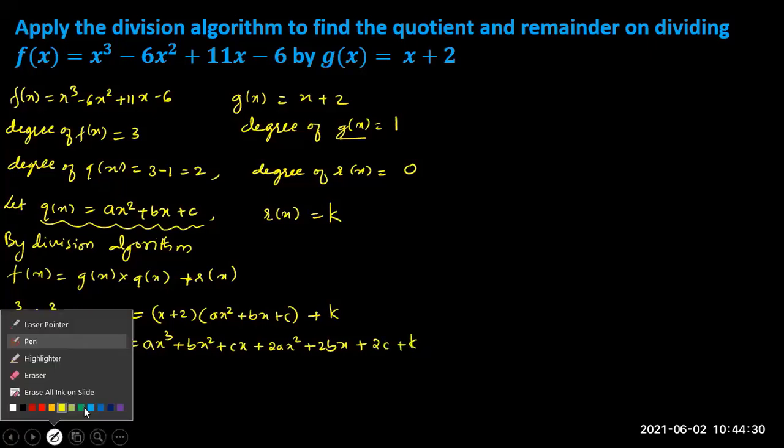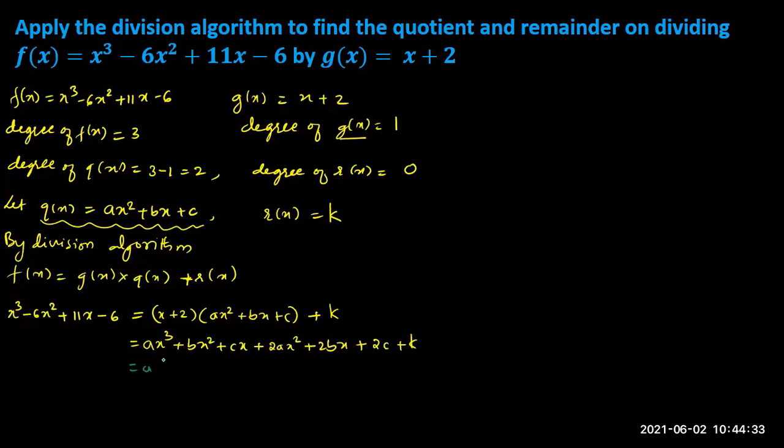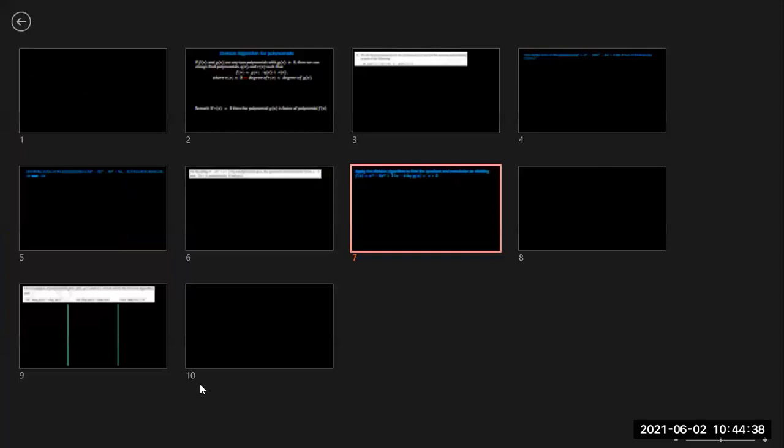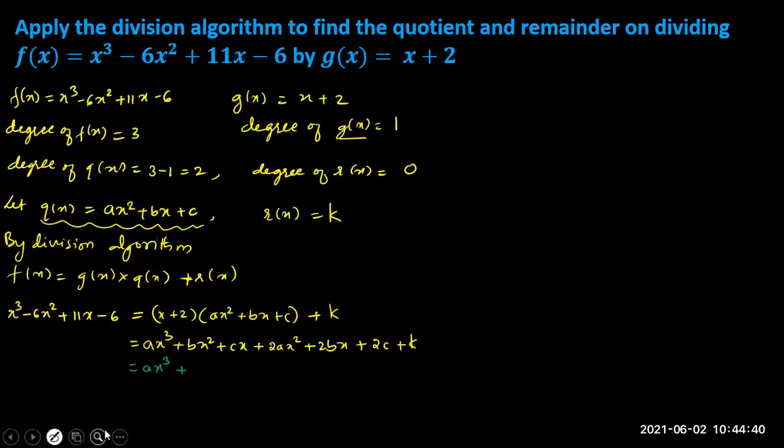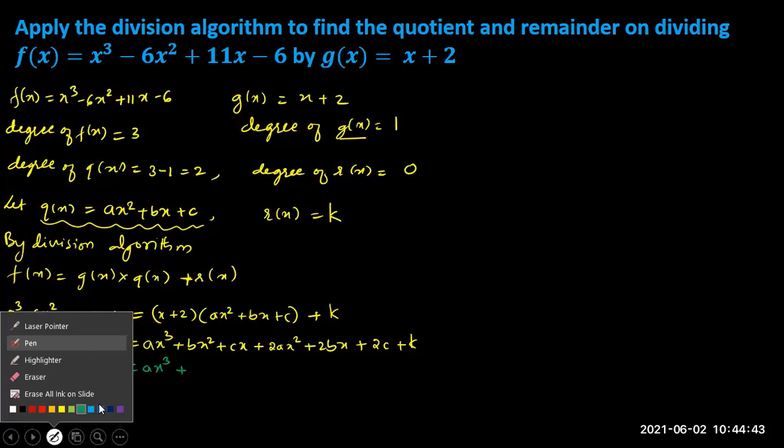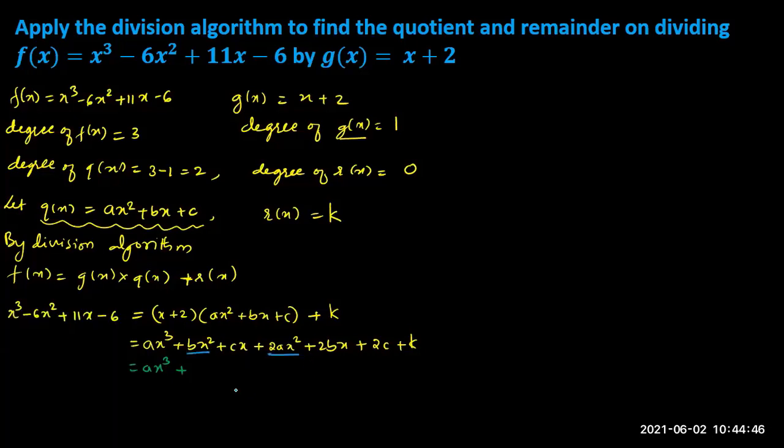Now ax cube I'll keep as it is, plus x square is common, so (2a plus b) into x square, and x and x, so (2b plus c) into x, and the remaining two terms as constant.